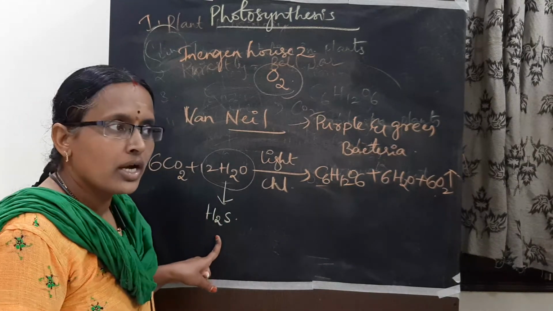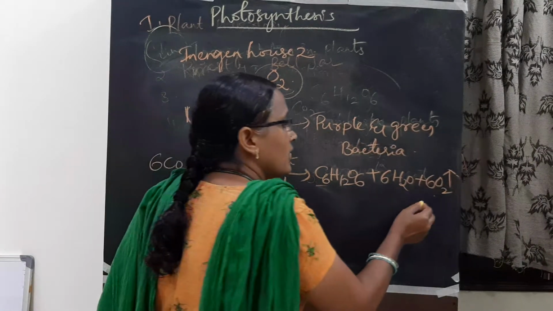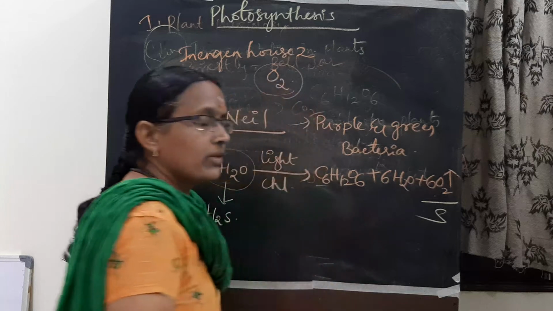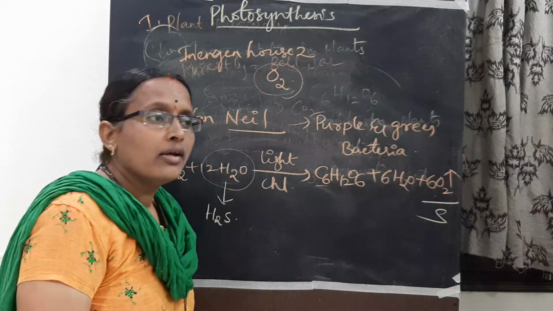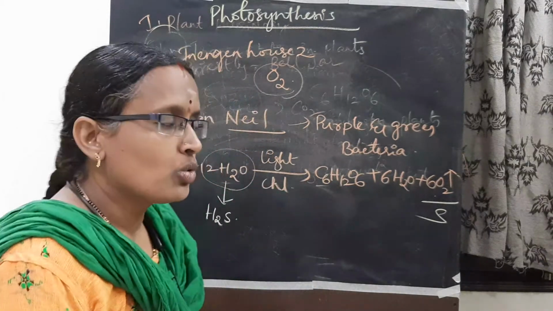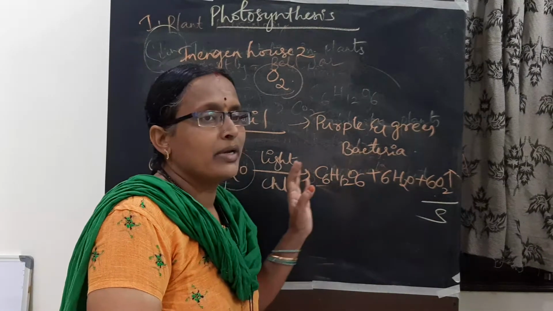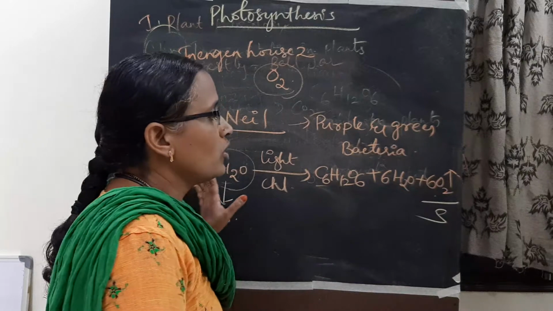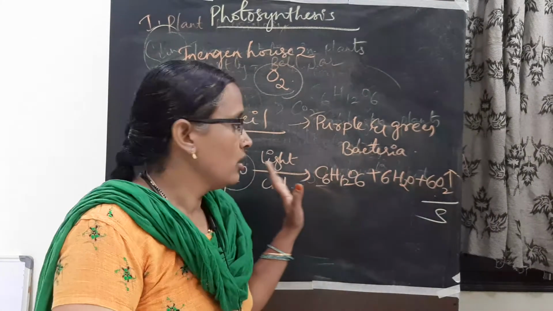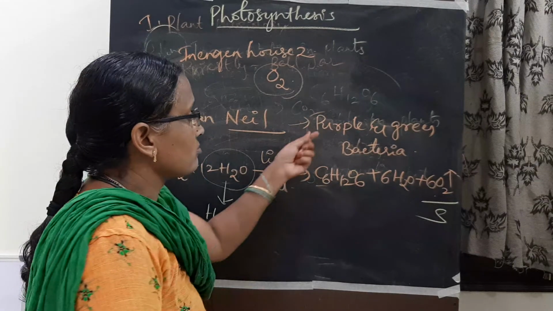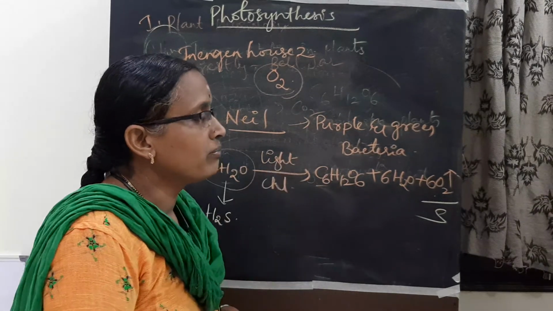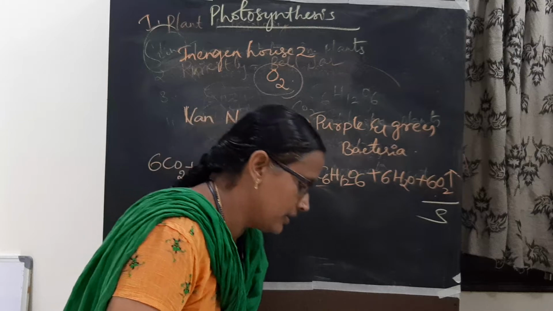When he used hydrogen sulfide, sulfur is liberated instead of oxygen. With that he proved that oxygen is liberated from the water molecule only, not from the carbon dioxide, in his experiments on purple and green sulfur bacteria.